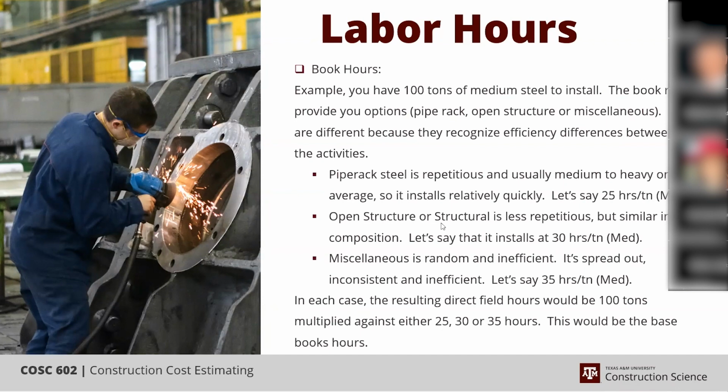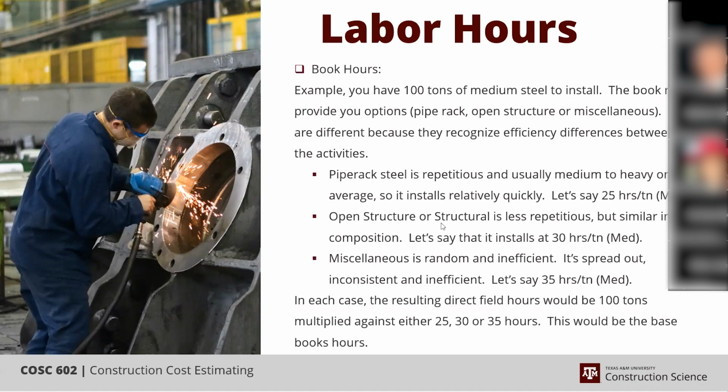It still breaks out all the subcategories of extra light through extra heavy, and then the miscellaneous, but it's the circumstance in which all those subcategories are being installed. One is pipe rack, one is open structure, and one is miscellaneous.